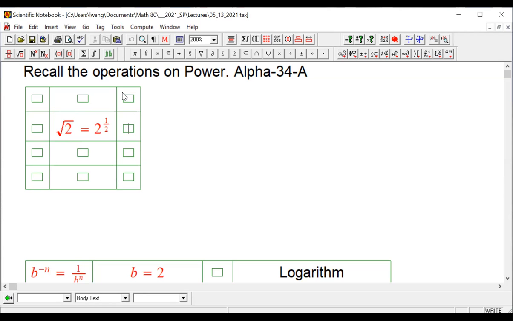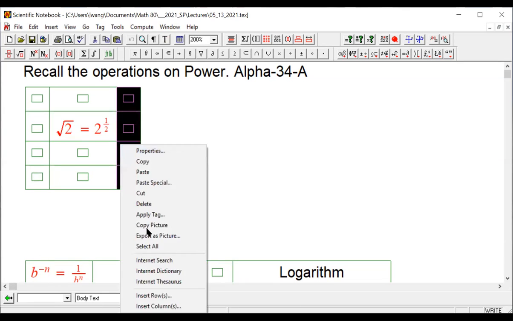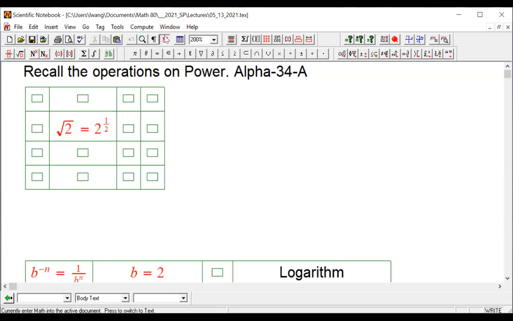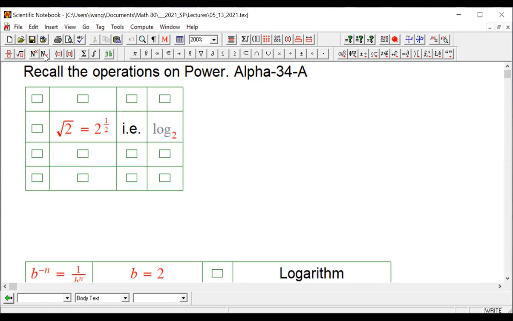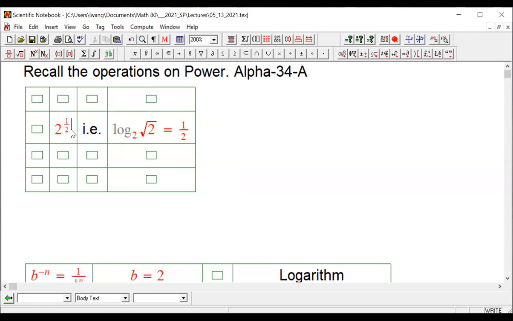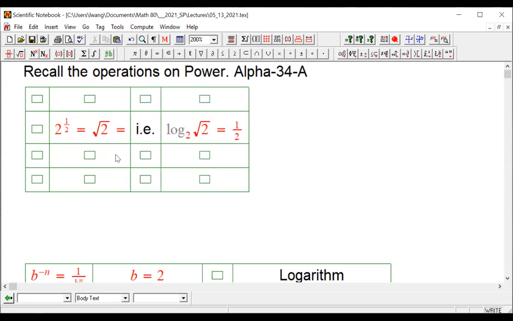And then what is the logarithm expression? 1, 2, 3. Okay, so what is the logarithm expression? The logarithm expression will be log base 2 of square root of 2 equals 1/2. Okay, so you can put it in any order you want, really.